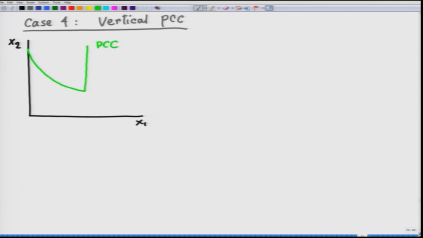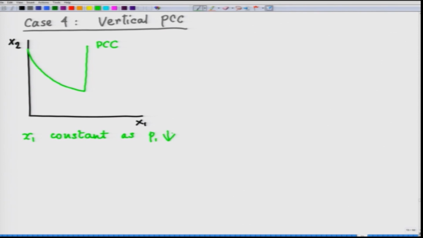Now, what does that mean? X1 becomes constant, the consumption of commodity 1 becomes constant as price falls.